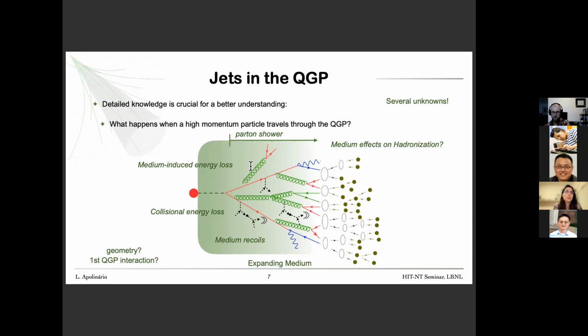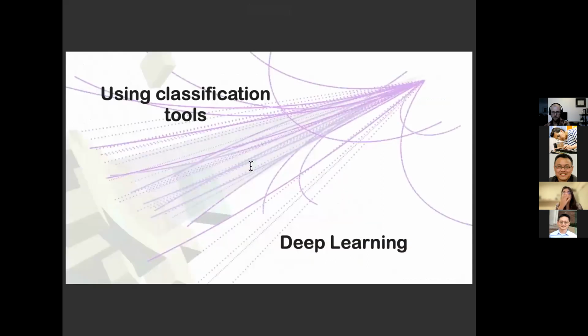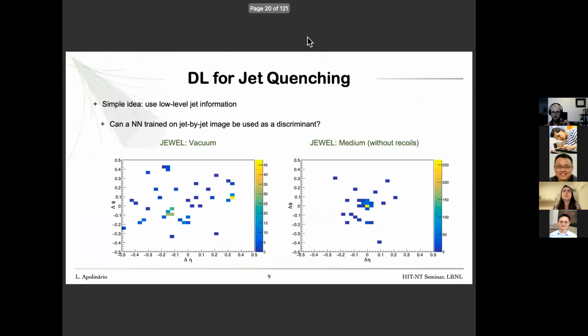So we need some sort of classification tool. And when we talk about classification tools, the first thing that comes to our mind is, of course, deep learning techniques, which are currently much more used and easy to apply.